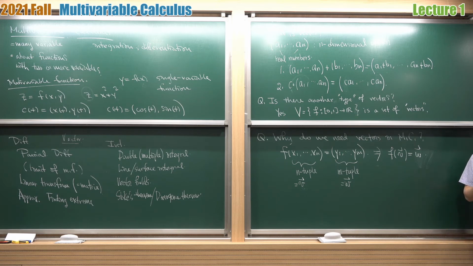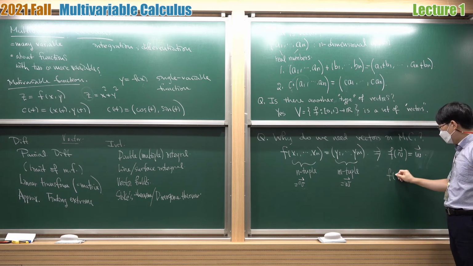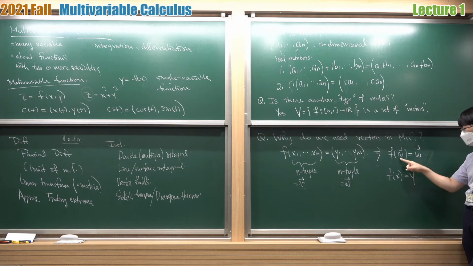So these vectors again become the independent variable and dependent variable of multivariable functions. If you replace the dependent variable and independent variable in a single variable function with these vectors, it becomes a multivariable function.